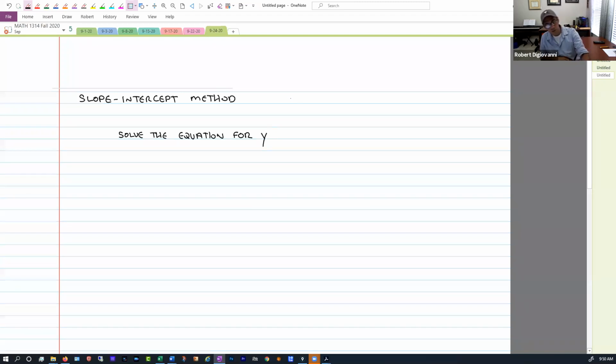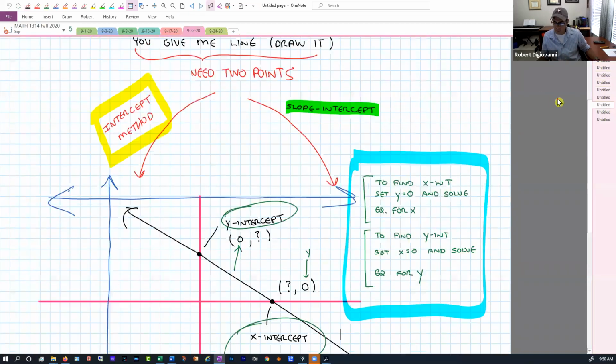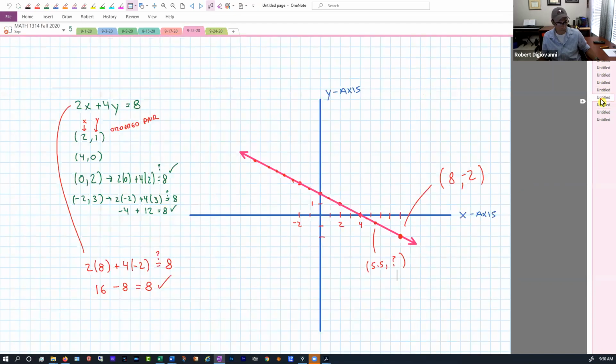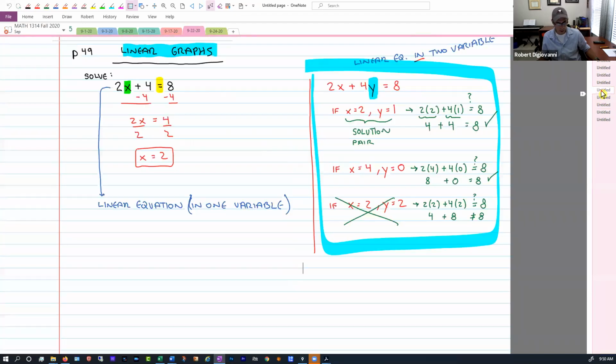So next to these, I'm talking about the slope-intercept method on the left. On the right-hand side, I'm going to give you a specific example. So I think I'm going to go back to the first problem we did when we started with lines. Do you remember this one? No, that wasn't it.